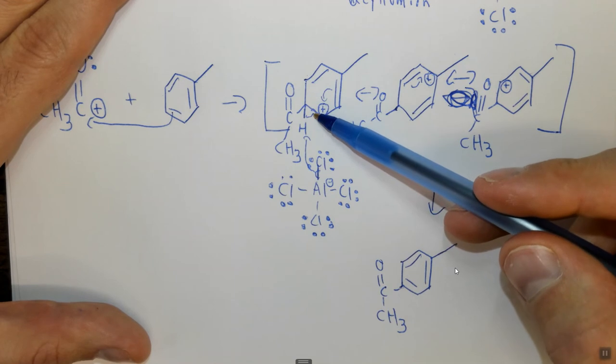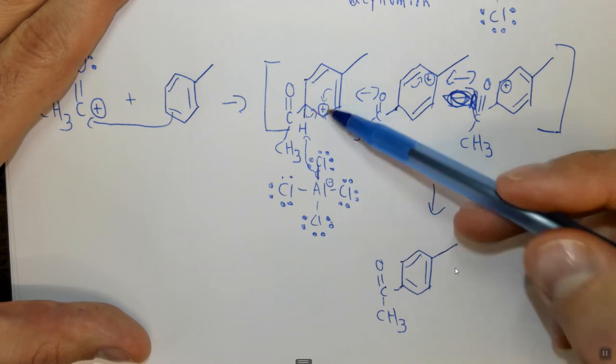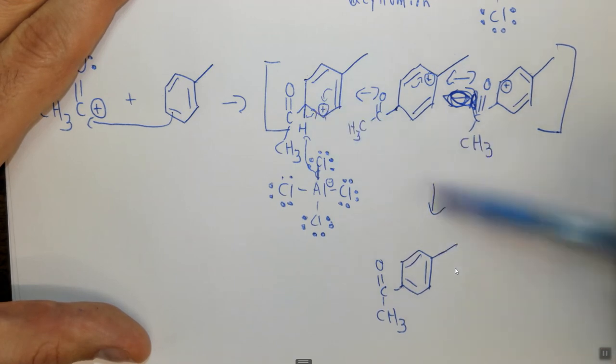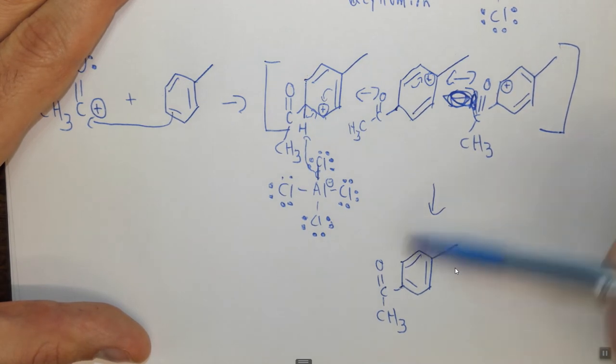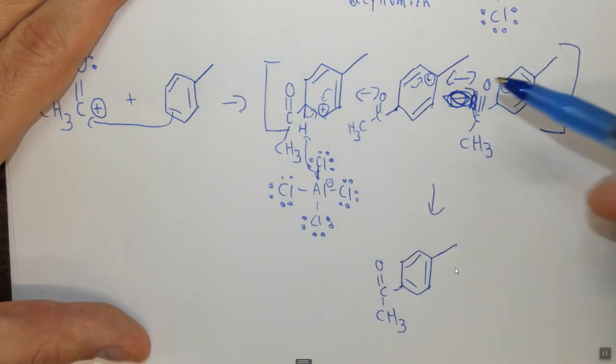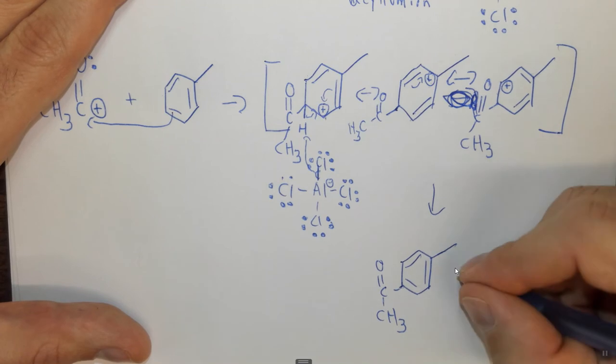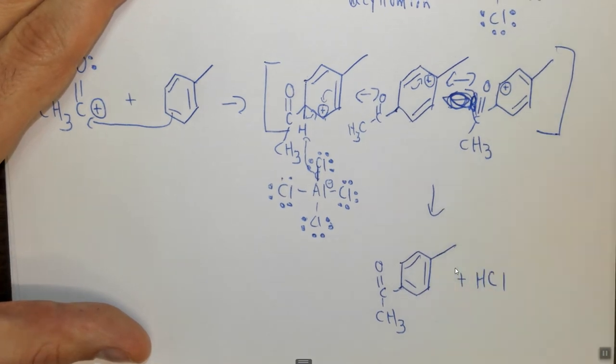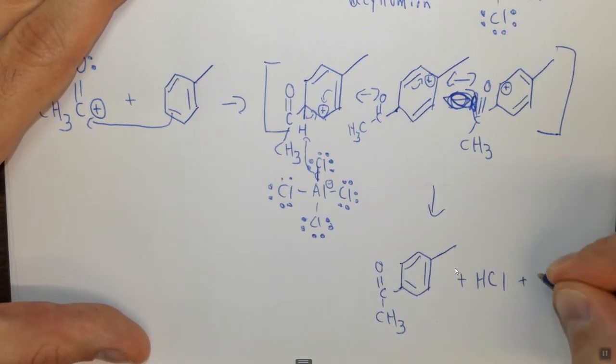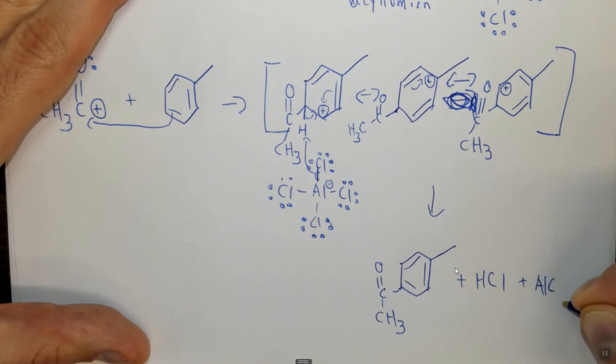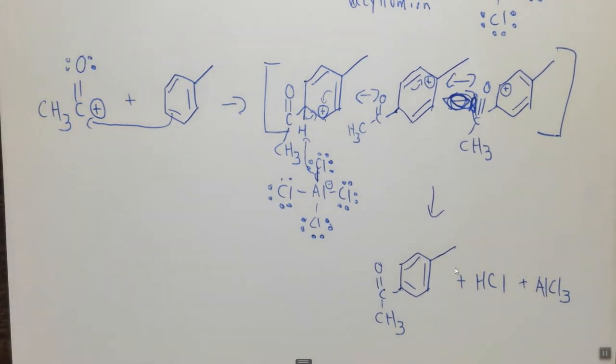These electrons come back to here, which makes this no longer positive because now you have this double bond. Aromaticity is restored, that's the driving force of this step of the reaction, plus HCl, the byproduct, and the reason we have a gas trap, plus we regenerate the catalyst, AlCl3. So this is essentially how this reaction is going, and this is the mechanism of the reaction. I apologize, it's a bit messy. I made a couple of mistakes there.